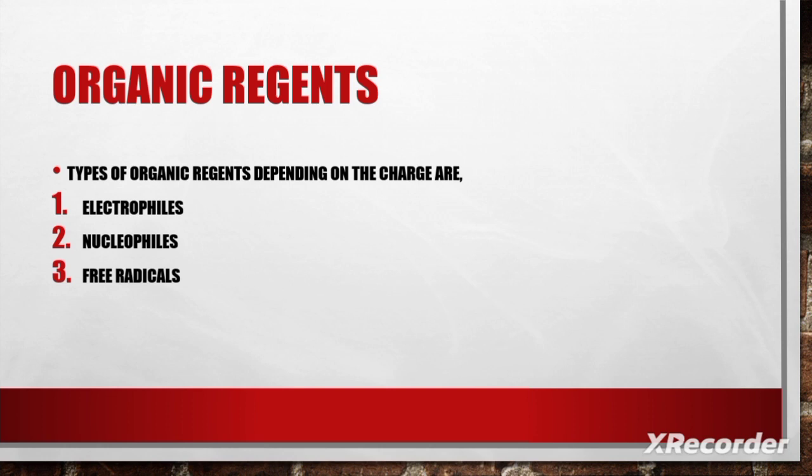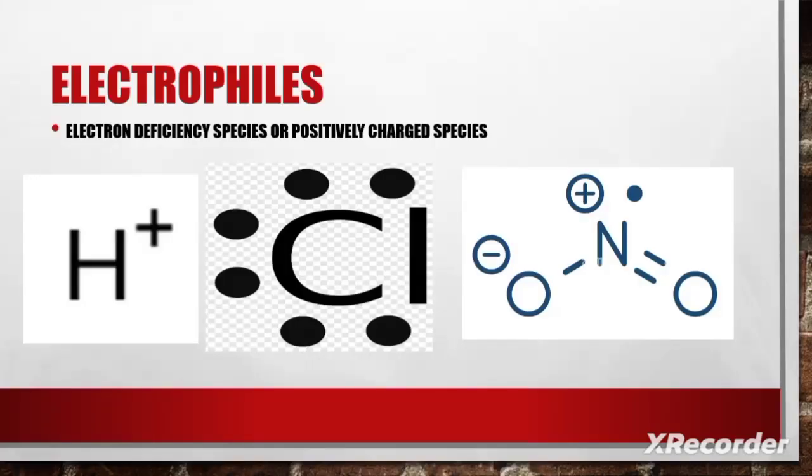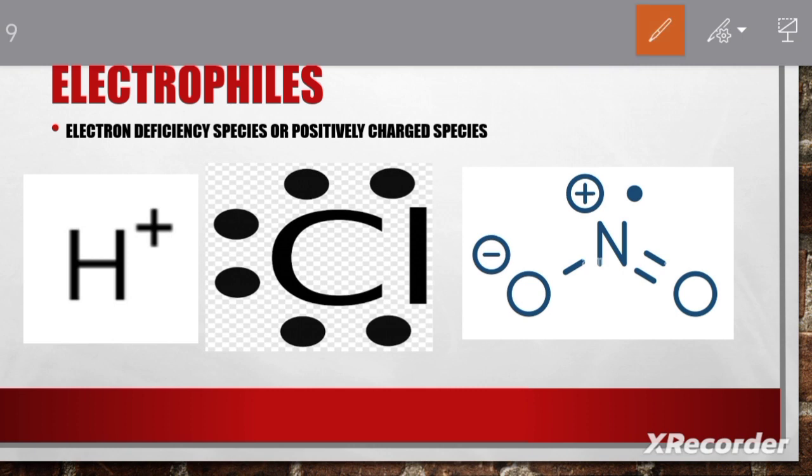They are electrophiles, nucleophiles, and free radicals. Electrophiles are electron-deficient species or positively charged species. For example, we will take hydrogen.